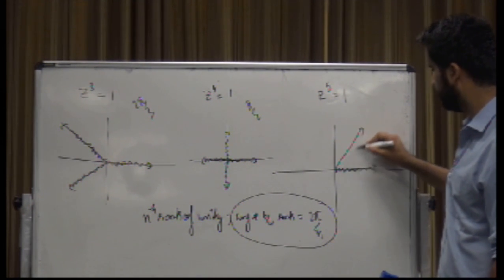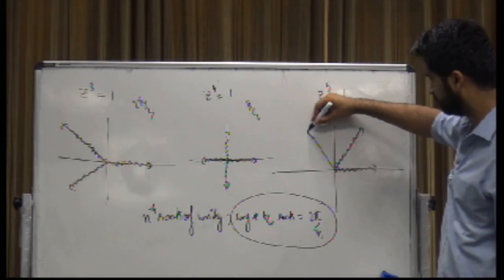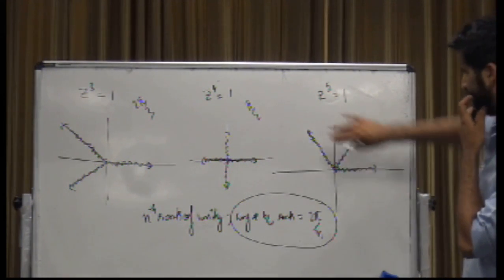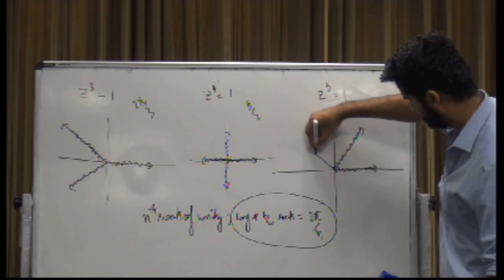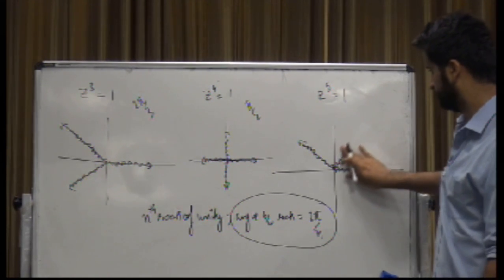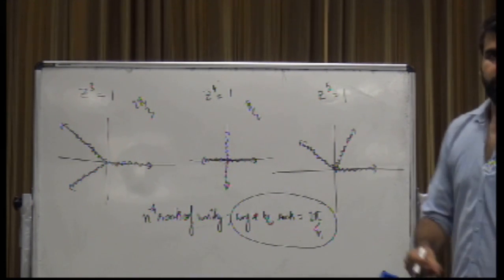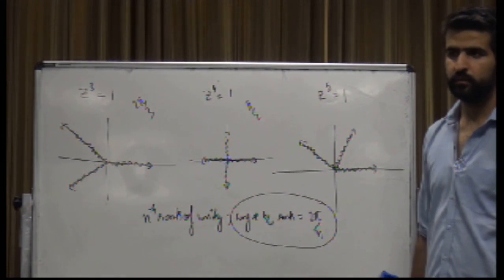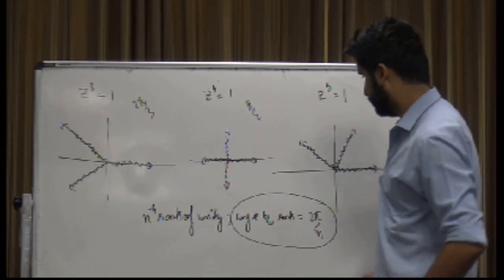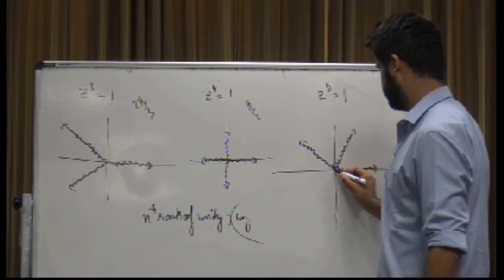So first will be here, second 144 will be here, next is 144 plus 72, which is 216. So 216 will be in this quadrant.